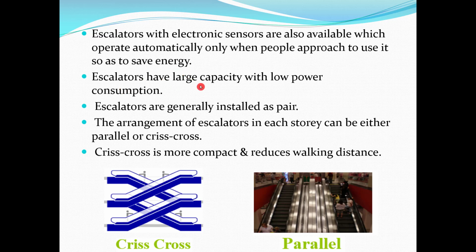The escalators have that capacity with low power consumption, and escalators are generally installed in pairs, that means to go up and go down. The arrangement of escalators in each story can either be parallel, like this, and then it can be crisscross. The crisscross is more compact and reduces the walking distance.